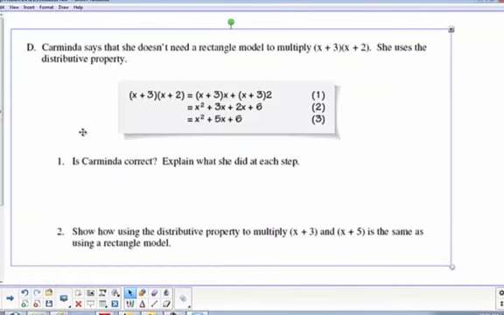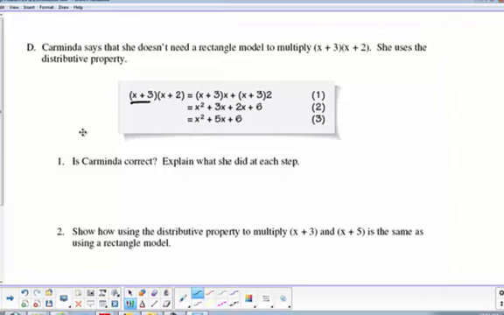The next one says Carminda said she doesn't want to draw a rectangle, which is fine, that she's going to do her method this way. So she has this x plus 3 written here and here, and this x is right there, and this 2 is right here.